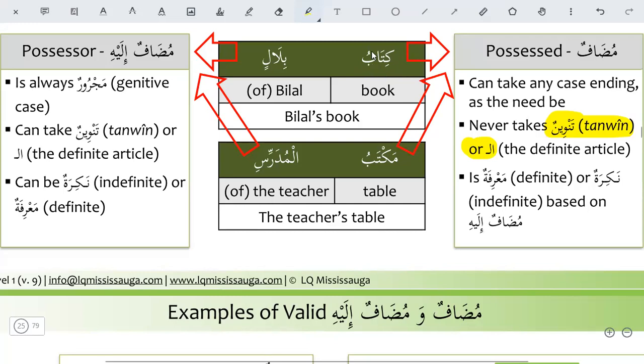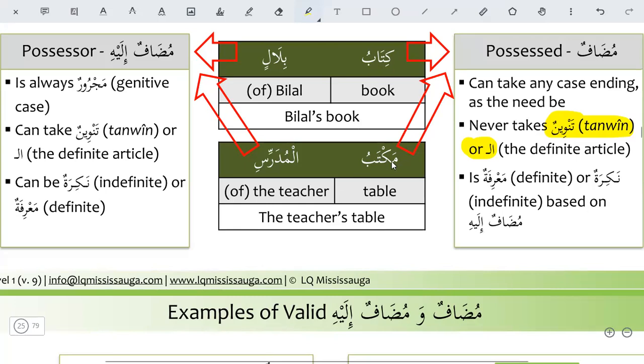If it is in a nominative case, it will be kitabu. If it is in an accusative case or mansub case, it will be kitaba. And if it is in a genitive case, majrur, it will be kitabi.